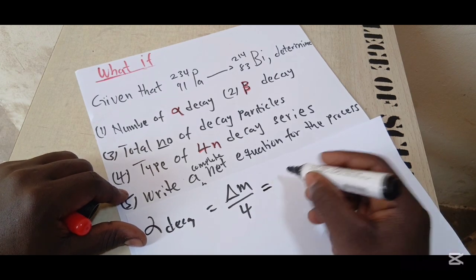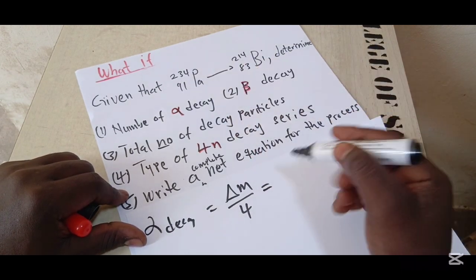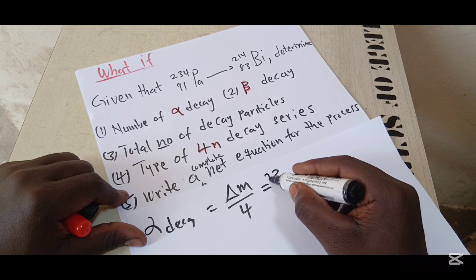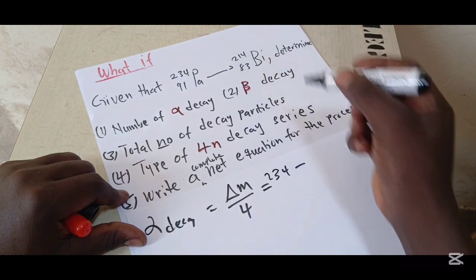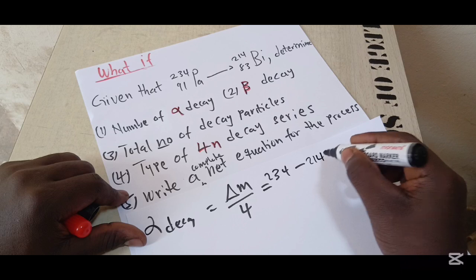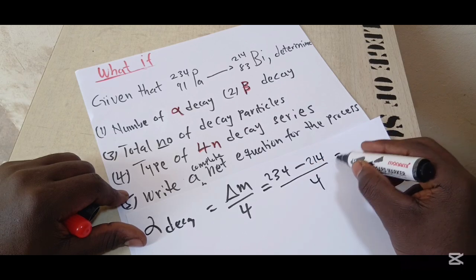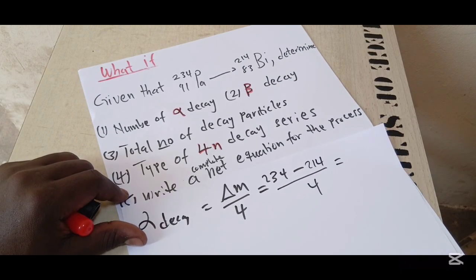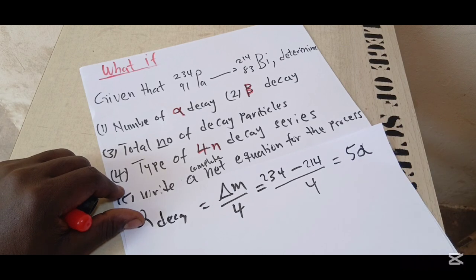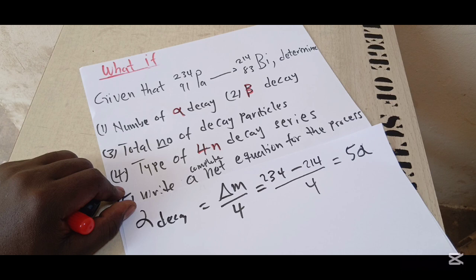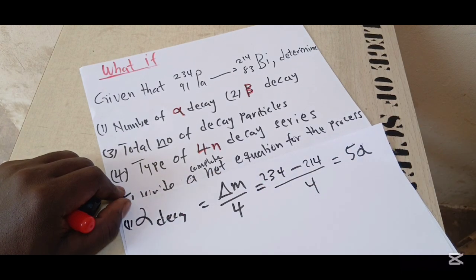So we have 234 minus 214, all over 4, which gives us 5. So we have 5 alpha decays, or alpha particles, in the process. That is for question 1.